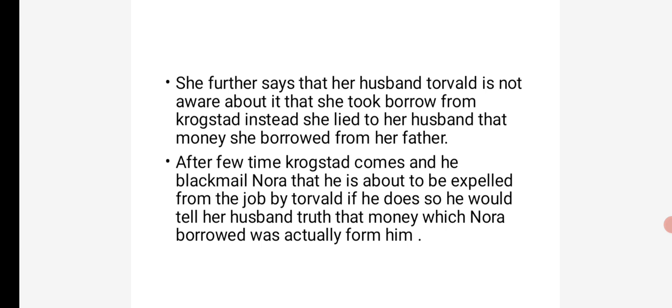So Krogstad, from whom Nora borrowed the money in the past, is also aware that Nora told a lie to her husband. That's why we can see that Krogstad starts blackmailing Nora.